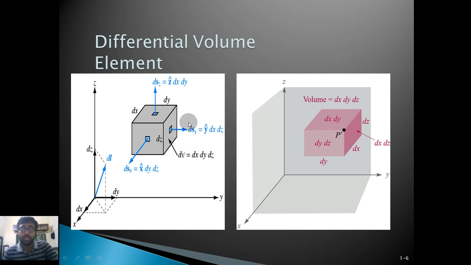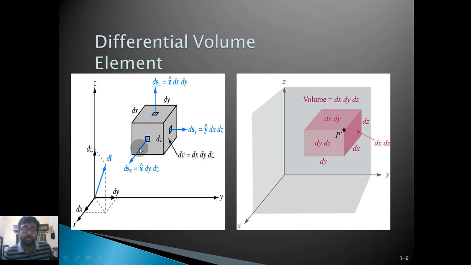This is represented as ds suffix y, and the whole vector is represented with the direction in accordance with the y axis. This is similar, and we can use the same process to find the value of this surface.